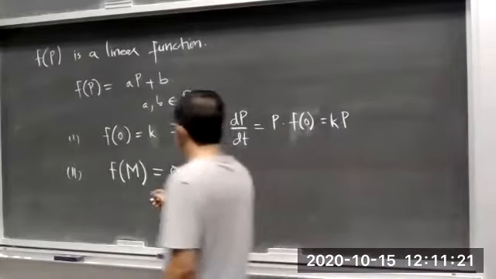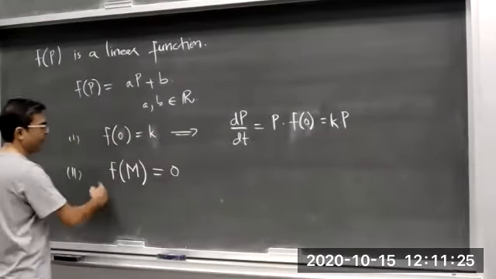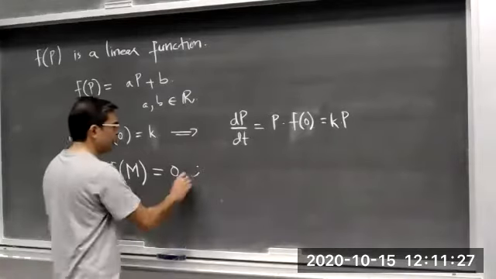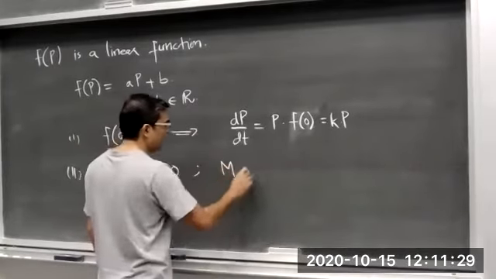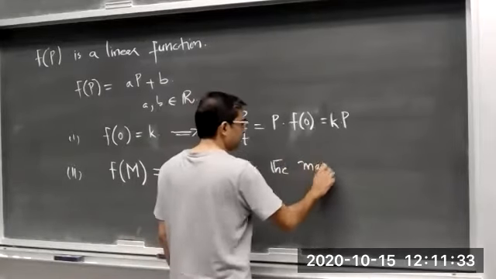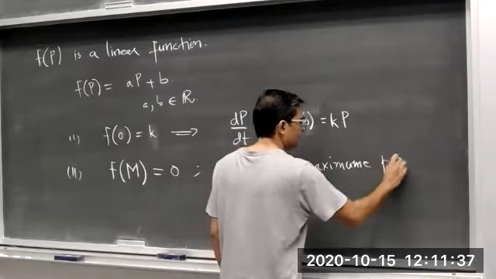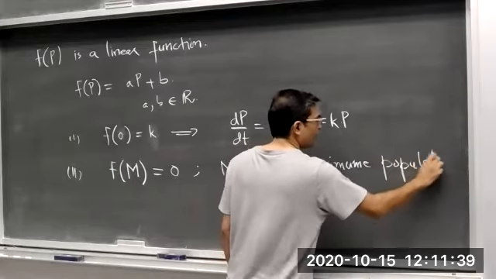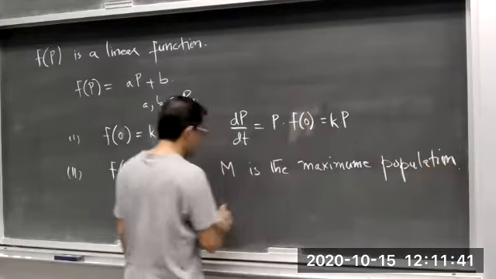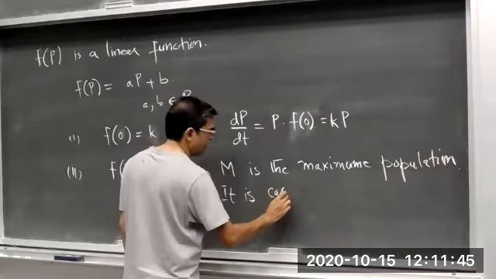So in that case, the growth rate will stop. Everybody will be infected. So this M is the maximum population, and it is usually called the carrying capacity.